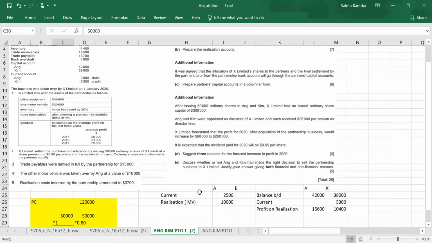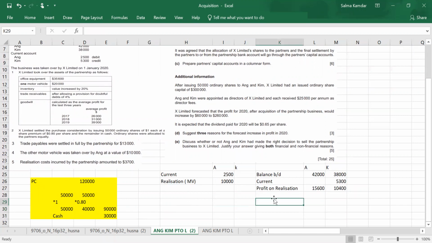Ordinary shares were allocated to the partners equally. That means partners are receiving this money, so it's like they're drawing. So it will be recorded on the debit side. So I will write ordinary shares of X Limited, and it has to be given equally. So equal of 90,000 becomes 45,000 and 45,000.